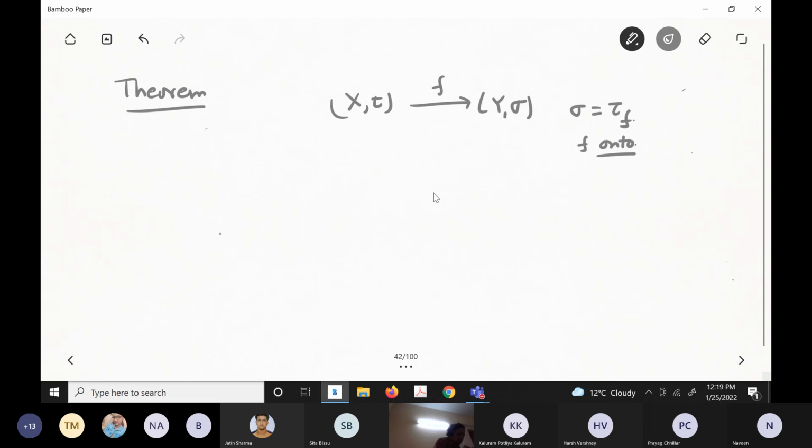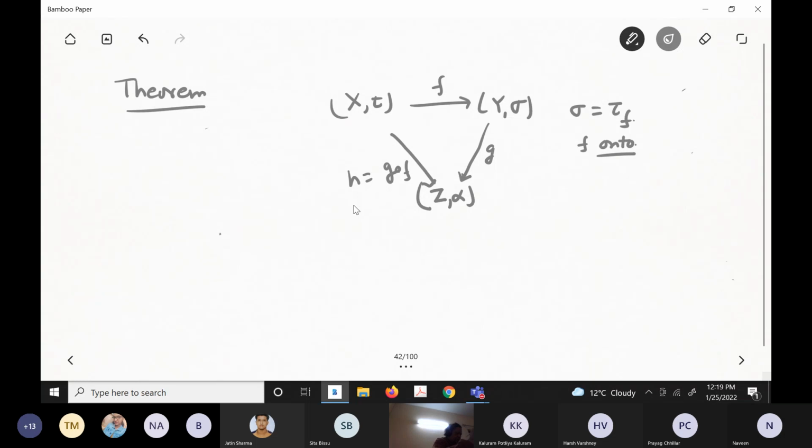Now, suppose we have Z here, with some topology alpha, so that we have a map G from (Y, sigma) to (Z, alpha), and H from X to Z.